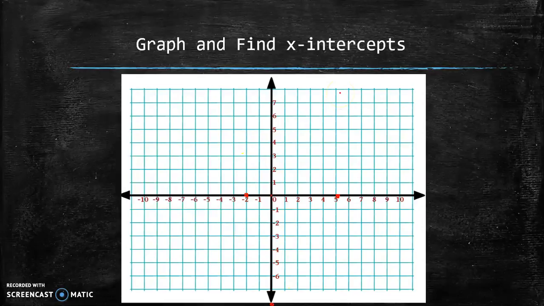We also saw 1, negative 12. So that's once again way down here. And then you're going to go over 3, down to negative 10. We have 4, negative 6.